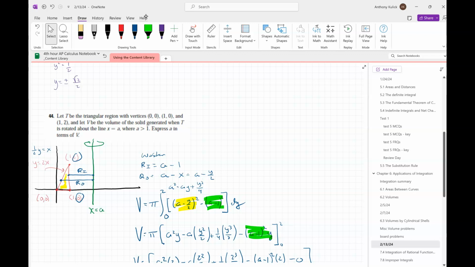Because I don't have an antiderivative formula here. We're going to show you the different techniques we can use to do that. There's 3 or 4 different techniques that you might consider using depending on what the thing looks like. And that'll be it for this week.